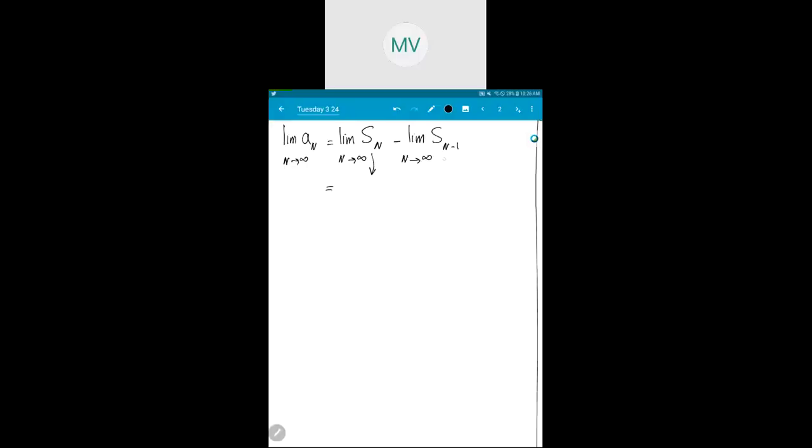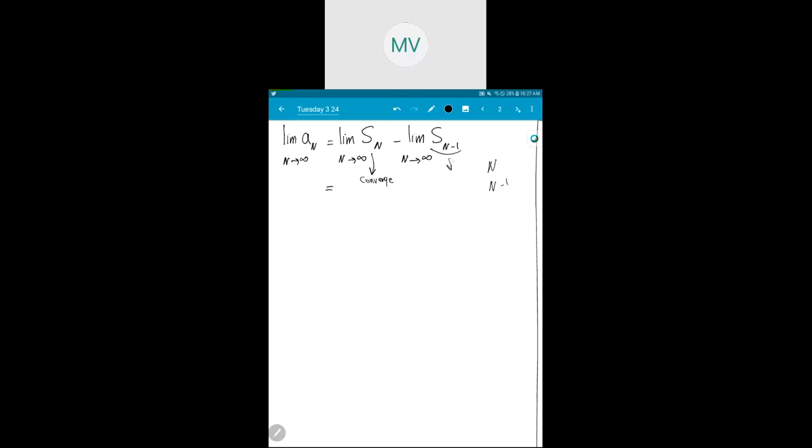So we know this one converges. How about this one? It's the same sequence, except the index is one less. But when n approaches infinity, there's no difference between n and n minus 1. Subtracting a 1 from infinity is not going to do anything to infinity.